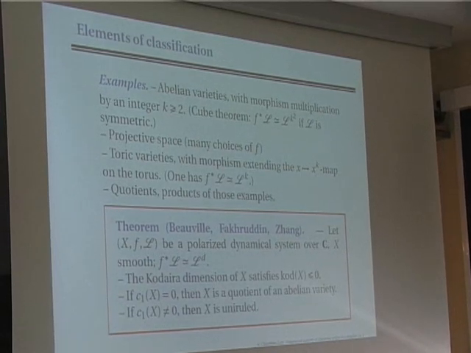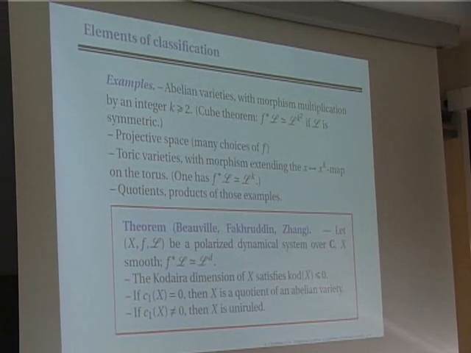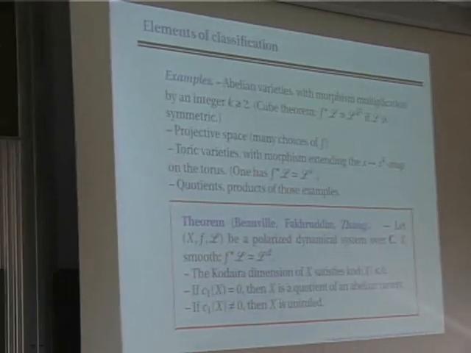Other examples very close to projective space are toric varieties. So toric varieties are compactifications of a torus.